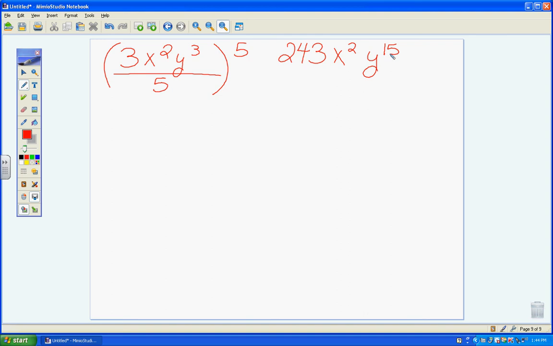That's just the exponent. Over what? Not 25. What is it?